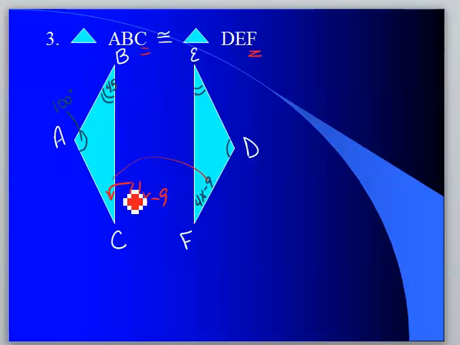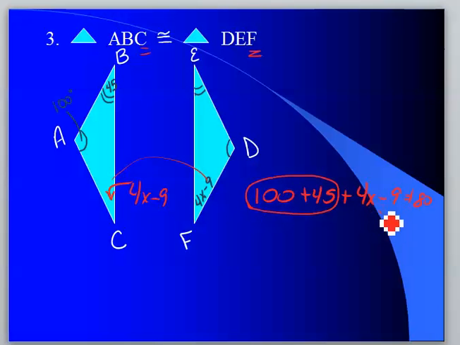Now I have all three angles in the triangle. Those should sum to 180 because the interior angles of a triangle always add up to 180. So I'm going to take the 100 plus 45 plus 4x minus 9 and set it equal to 180. Like terms, 100 plus 45 is 145.